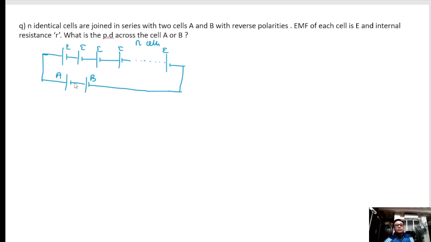That means positive is connected to positive. This is also EMF E, and everybody has an internal resistance R.